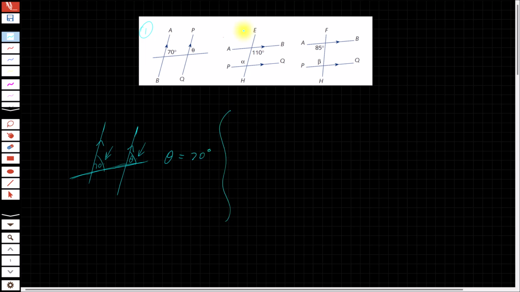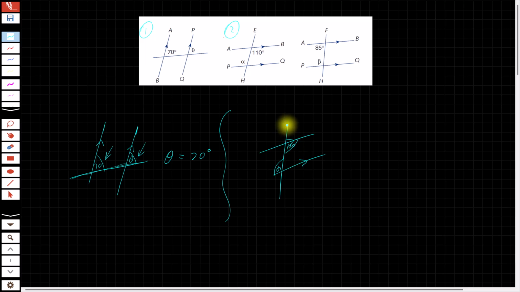Okay, for number 2, we have two parallel lines going in this direction, and a line cutting through those two parallel lines. We're given this angle here being 110 degrees, and we're asked to find the angle here, alpha. Now, we can do this in a number of different ways.